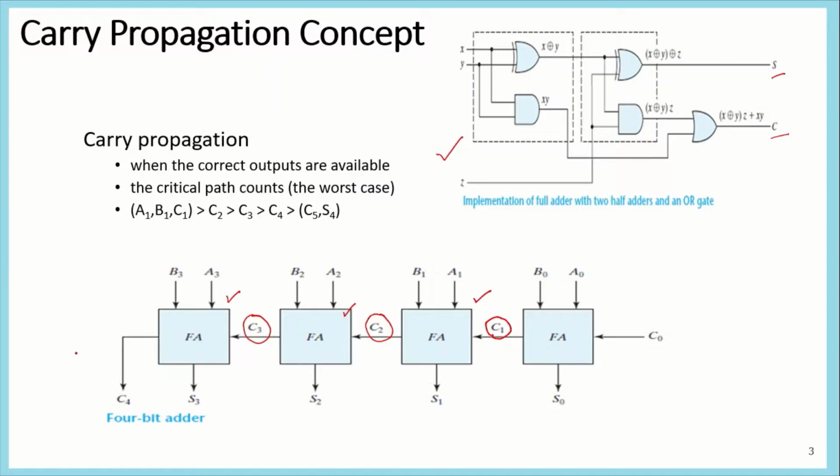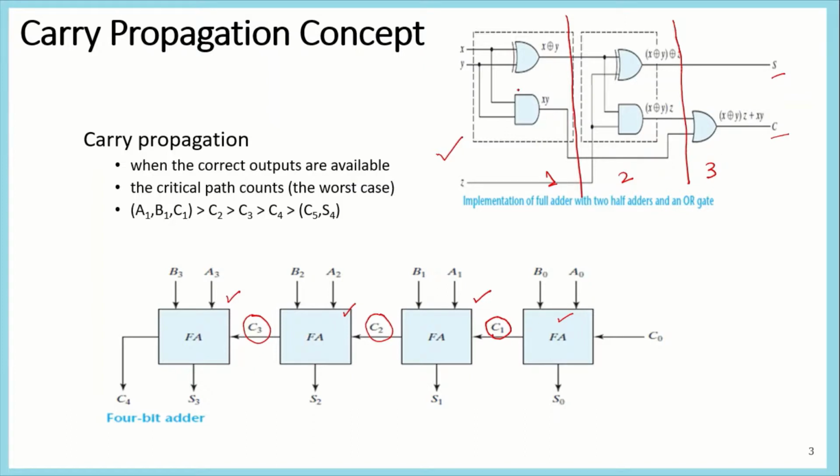Let's now consider the implementation of this full adder. We assume that each full adder here is implemented in this form, which involves 2 half adders. Let's represent this circuit as the first level, this the second level, and this the third level. So for each full adder, you have to pass through all these 3 levels.